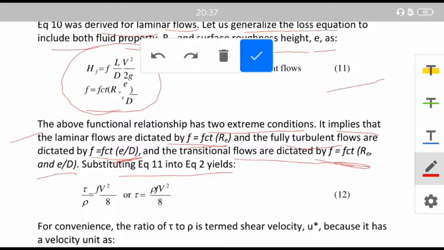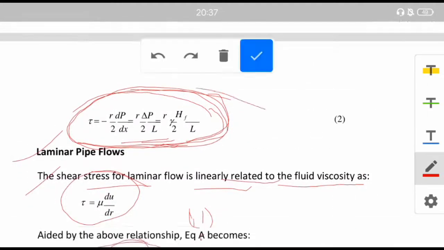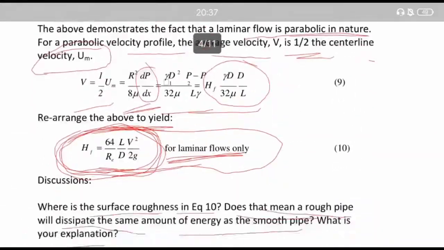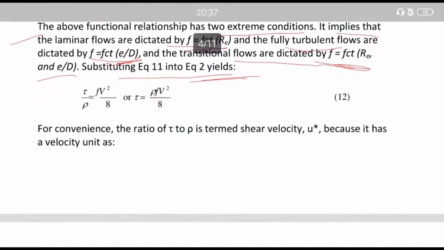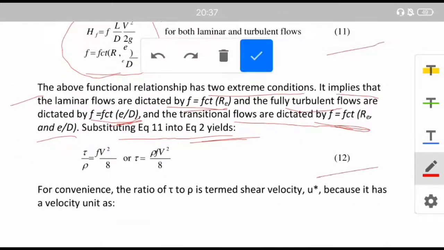Substituting equation 11 into equation 2. What was our equation 2? This one. Substituting this in equation 2, we get equation 12, that is tau upon rho is equal to f V square upon 8, or tau is equal to rho f V square upon 8.